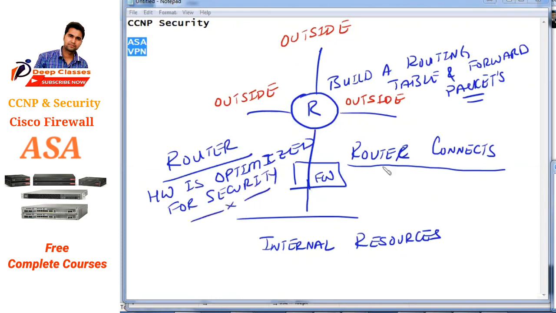So the default action, like a router connects, the firewall blocks and only allows traffic that should be allowed to come in from the outside into your internal network.